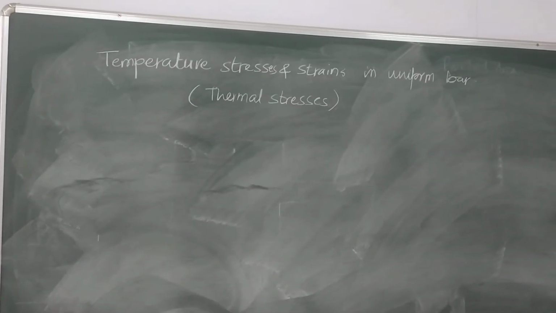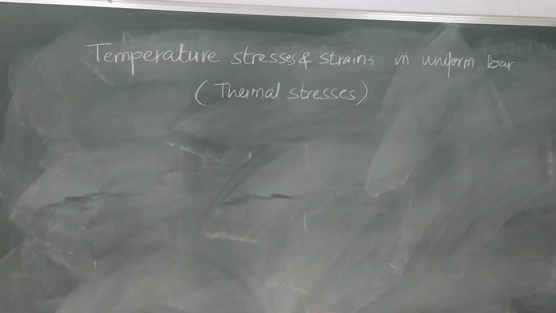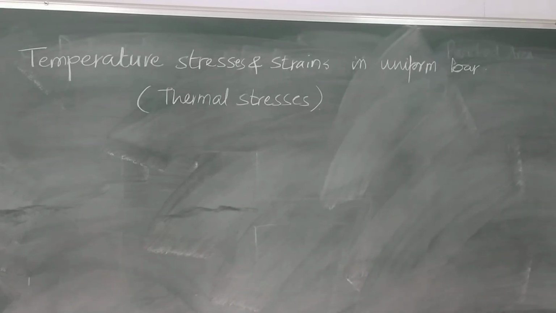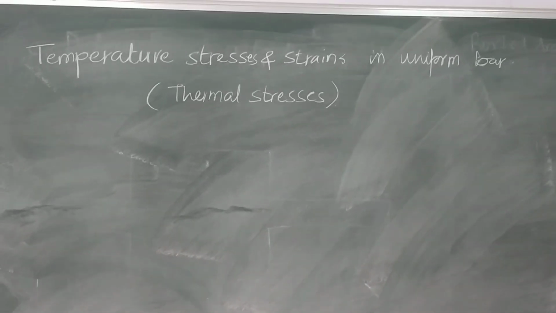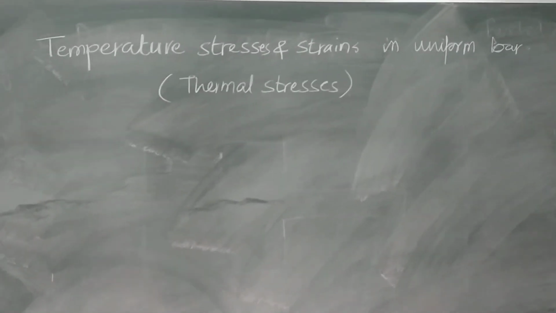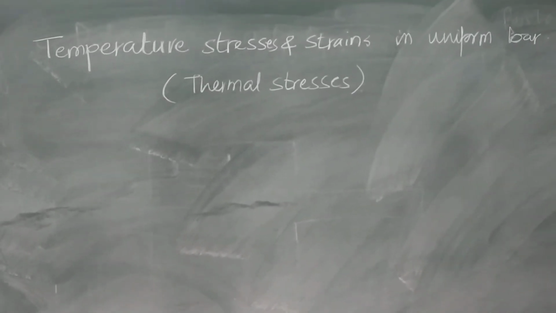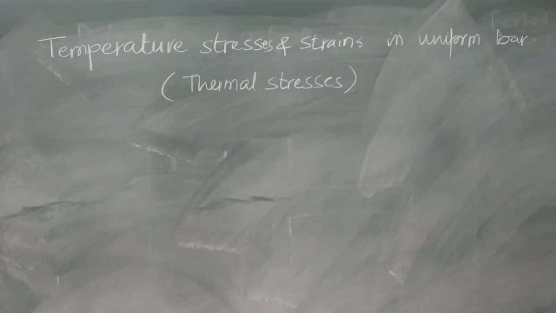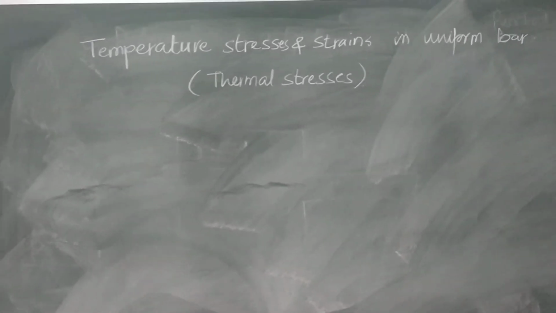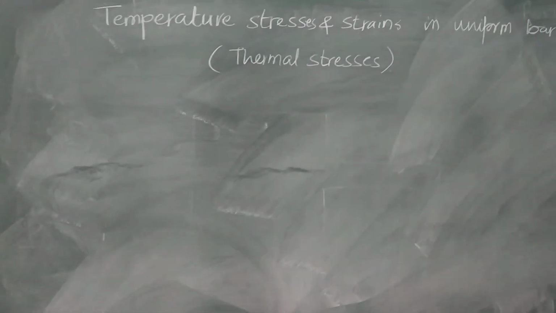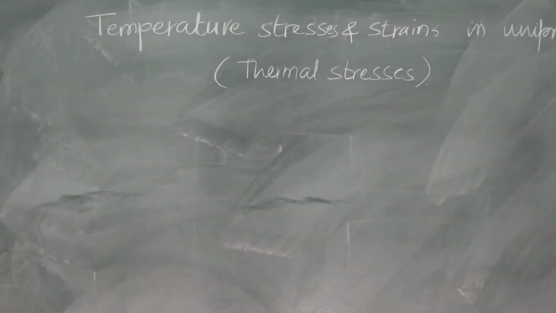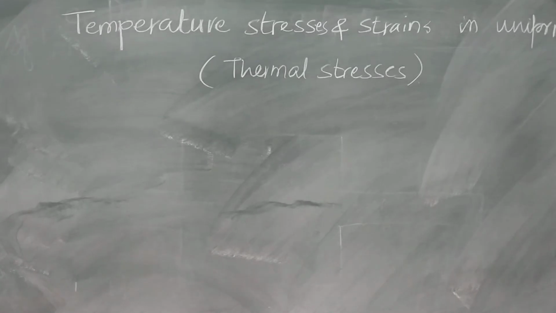The next topic is temperature stresses and strain in uniform bar, or it is also known as thermal stresses. Before going to this topic, let us think about the rise in temperature. If a body is free to expand or contract, then it may expand, and due to this expansion no stresses are developed.